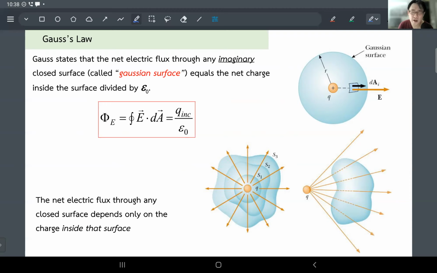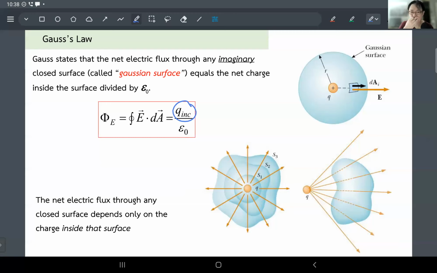There must be some charges generating the field, and we visualize that field through electric field lines. And electric field lines can be quantified by flux. So everywhere you have evidence of some flux, there must be a source of that flux, and that source must be the charge. You're done. That's Gauss's law.